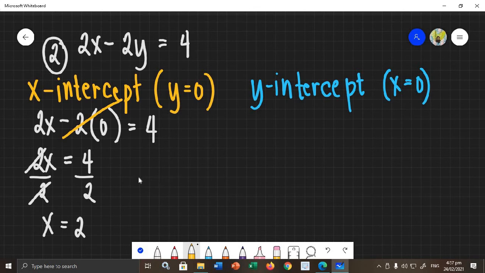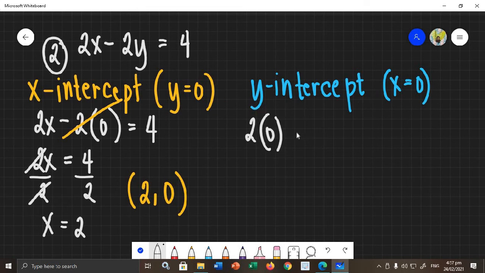Then, sulat natin siya in ordered pair. We have 2 as our x-coordinate, na sinolve natin. Yung y coordinate natin, we already assumed that it is 0. Okay? Now, how about the y-intercept? So, kapag sinolve naman natin yung y-intercept, we assume na x is equal to 0. So, 2 times quantity 0, kasi x is equal to 0, minus 2y equals 4. So, 2 times 0, it is cancelled, no? 0 na yung answer dyan.